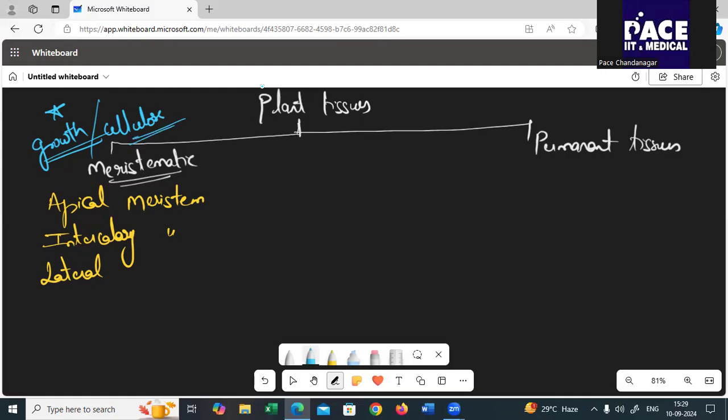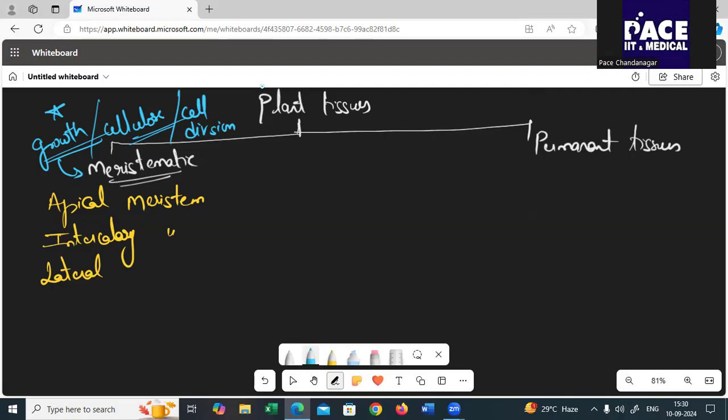They are rounded or polygon shaped and compactly arranged, not having so much intercellular space, but they do have some spaces. They are capable of cell division, because we are talking about growth here. One of its important functions is cell division, and it helps in growth.